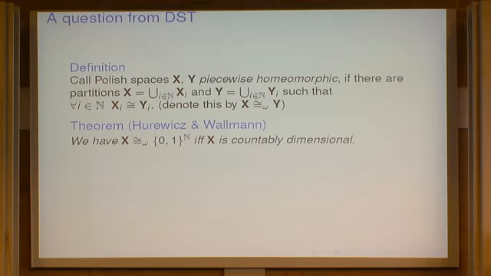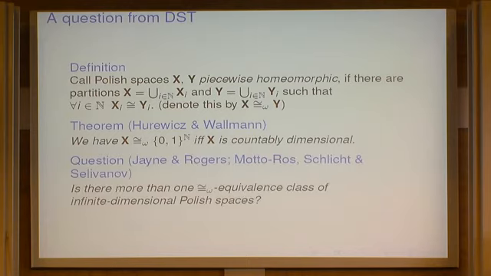So we have at least two uncountable classes for this homeomorphism type, and it has been an open question for quite a while whether there are more than the straightforward ones. For example, we clearly have Cantor space and the Hilbert cube.